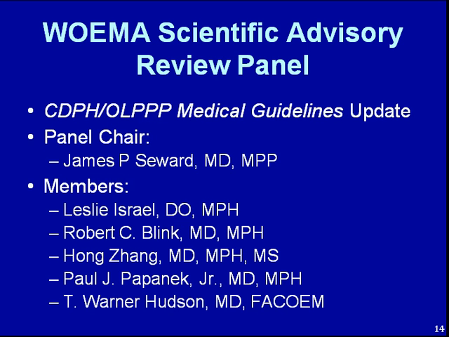In California, the California adult blood lead prevention program began to work on a set of updated guidelines for adults and issued a draft which the Western Occupational and Environmental Medicine Association was invited to review, and we gave input on those guidelines.